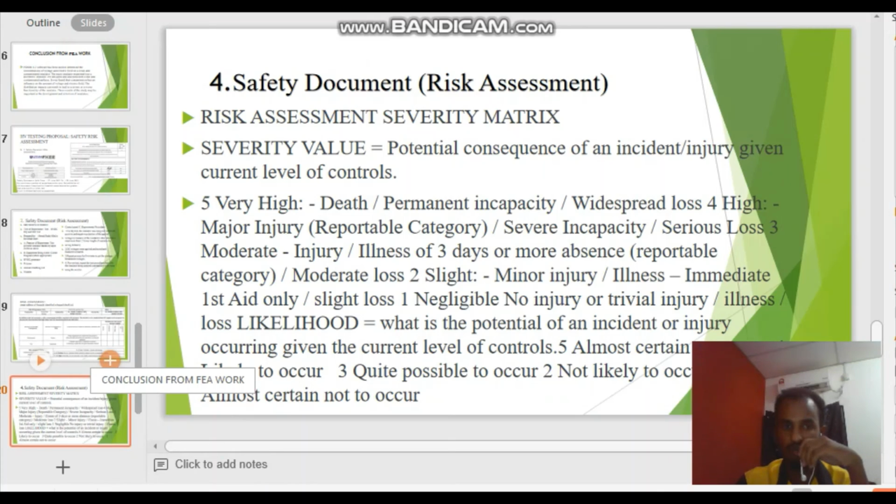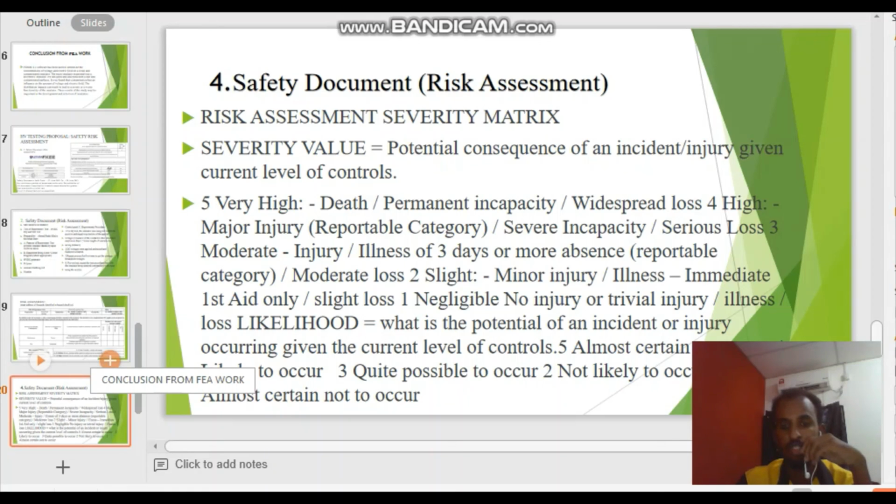Safety document risk assessment. Risk assessment safety matrix: the potential consequence of an incident or injury given the current level of control. 5, very high: death, permanent incapacity, serious loss. 4, high: major injury or severe incapacity, serious loss. 3, moderate: injury or illness for 3 days or more absentee, moderate loss. 2, slight: minor injury or illness, immediate first aid only, slight loss. 1, negligible: no injury or trifling injury or illness.